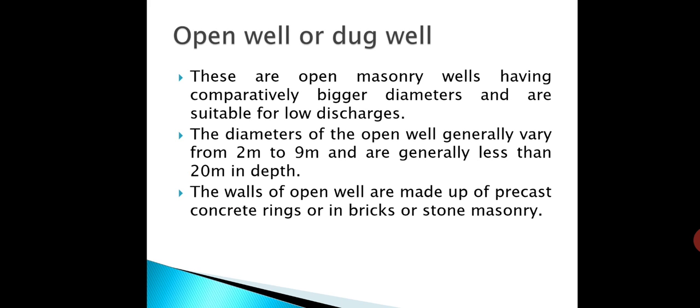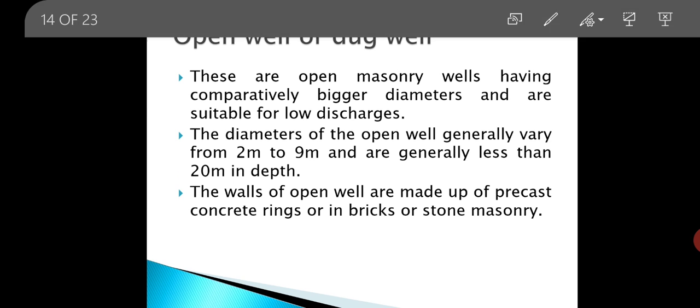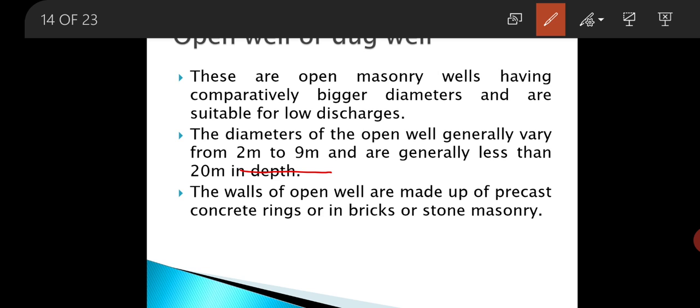As we have all seen, open wells are open masonry wells having a comparatively bigger diameter and are suitable for low discharges. The diameter of an open well generally varies from 2 to 9 meters and its depth is generally 20 meters.